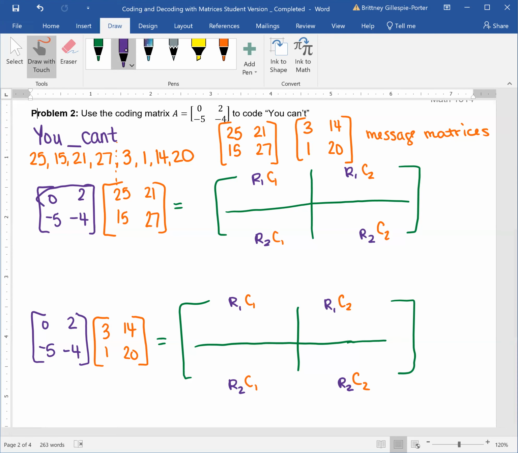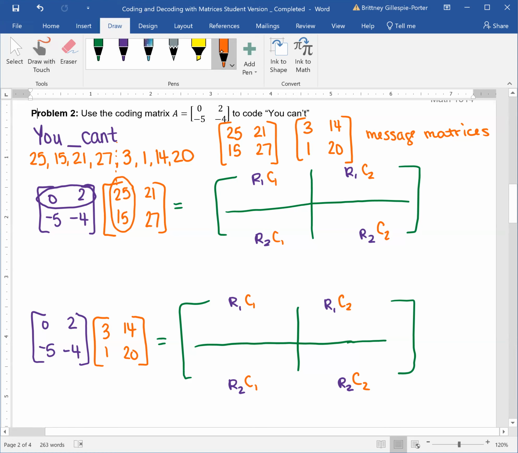So we're going to take row 1. I'm doing the first set times column 1. Remember with the multiplication, we're going to take 0 and 25 multiplied by each other and 2 and 15 multiplied by each other because the 0 and 25 came first and the 2 and the 15 came second.